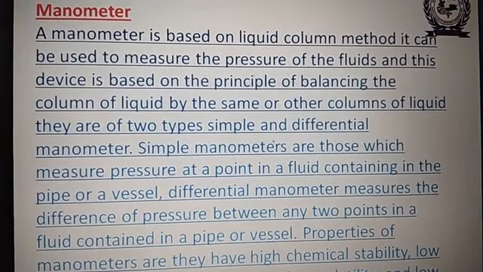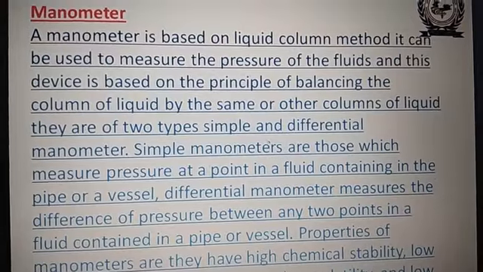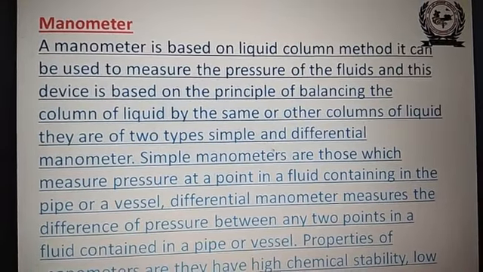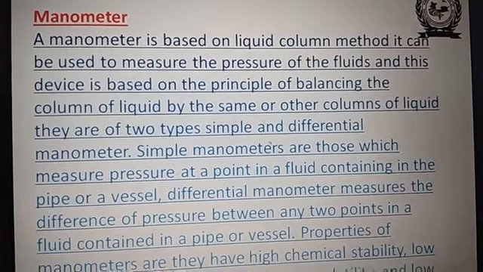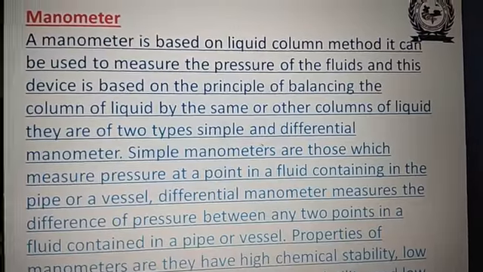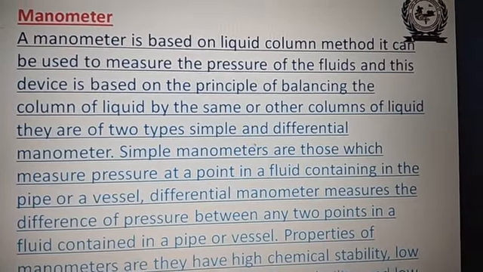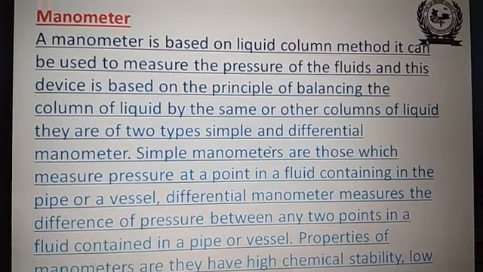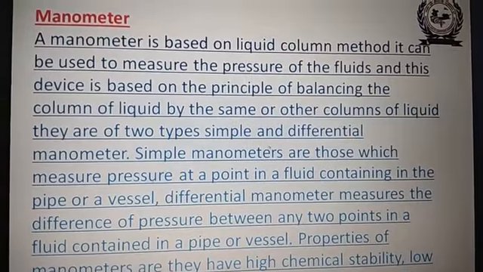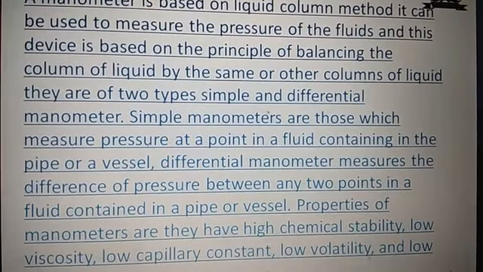It can be used to measure the pressure of fluids, and this device is based on the principle of balancing the column of liquid by the same or another column of liquid. There are two types, simple and differential manometer.